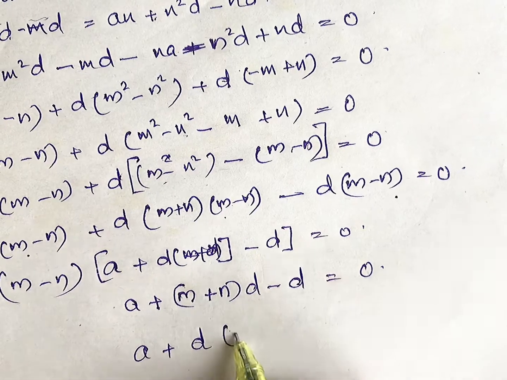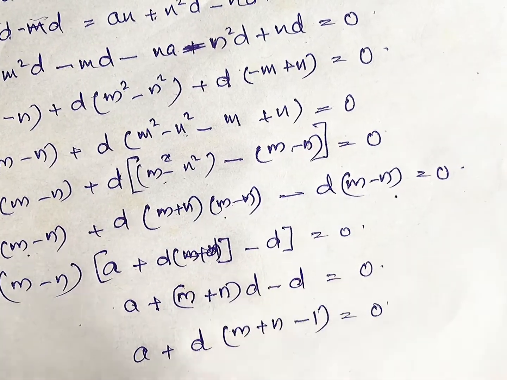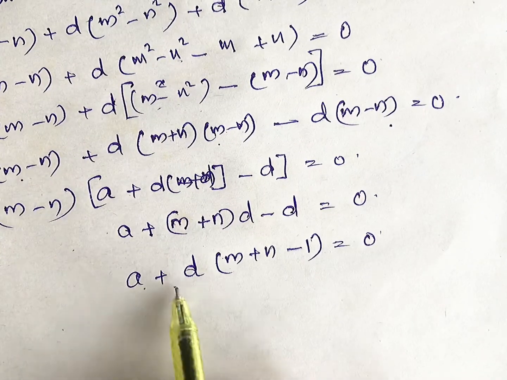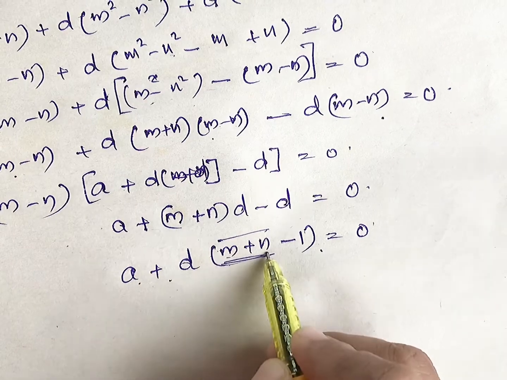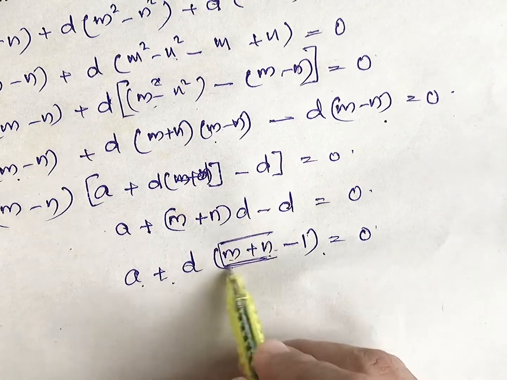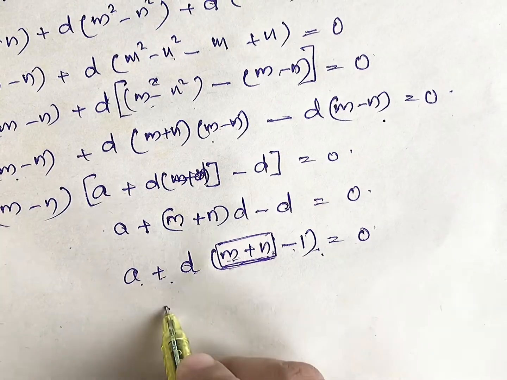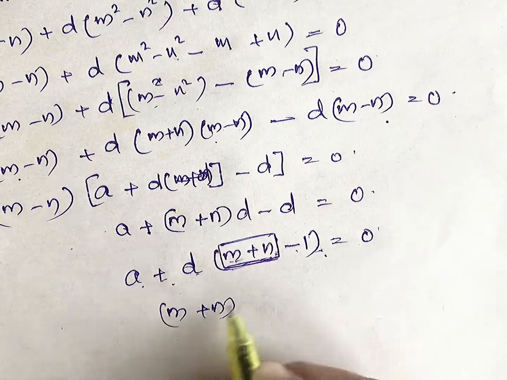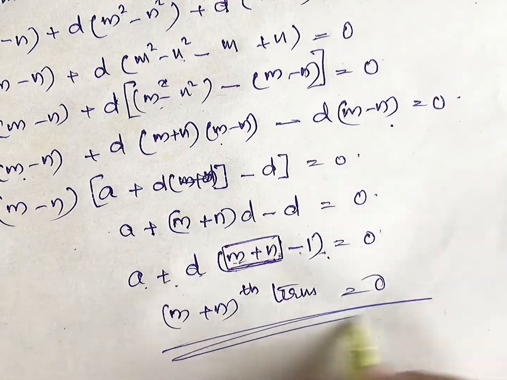Therefore, a plus d into (m plus n minus 1) equal to 0. This is in the very similar form of a plus (n minus 1) into d, where n is m plus n together. Therefore a plus (m plus n minus 1) into d equal to 0. That means the (m plus n)th term equals 0.